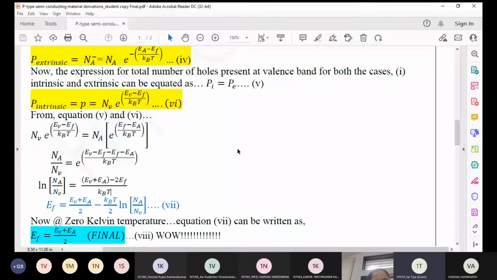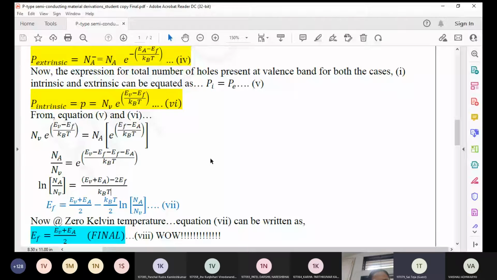And if we simplify that equation, we will get Na by Nv is equal to e raised to minus 2 EF plus Ev plus EA by KBT. And if we take log on both the sides, we'll get ln of Na by Nv, which is equal to Ev plus EA minus 2EF by KBT.